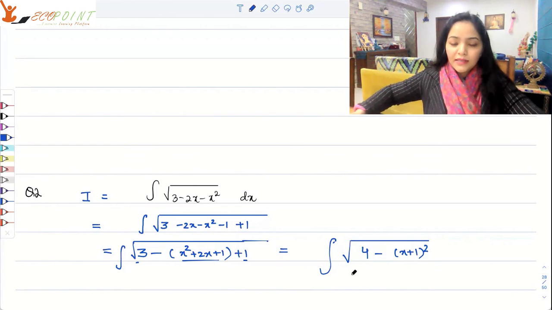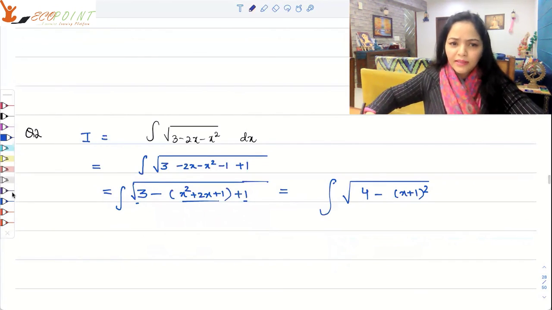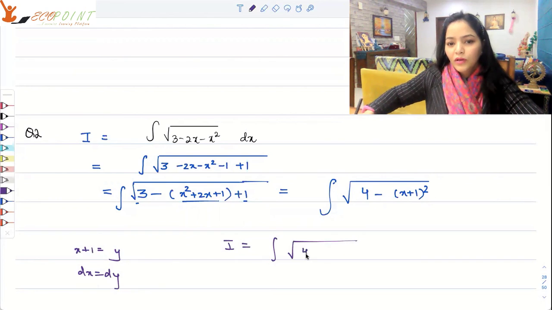Again, this time I will expand it for you. Let's take x plus 1 equals y, so dx equals dy. And this whole expression will look like the integral of square root of 4, which is 2 square, minus y square dy.